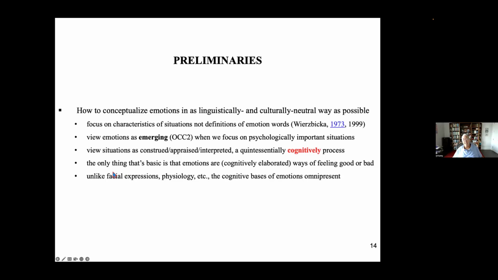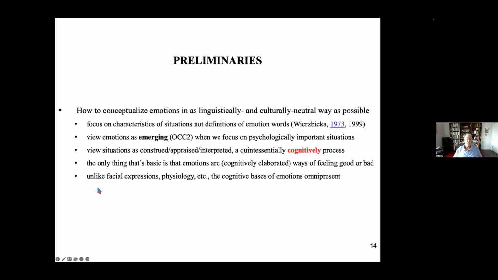The only thing that's basic that we're going to require in thinking about basic emotions is that emotions are cognitively elaborated ways of feeling good or feeling bad. So the fundamental stuff of emotions is pure positive or negative affect. After that, cognition does the work.